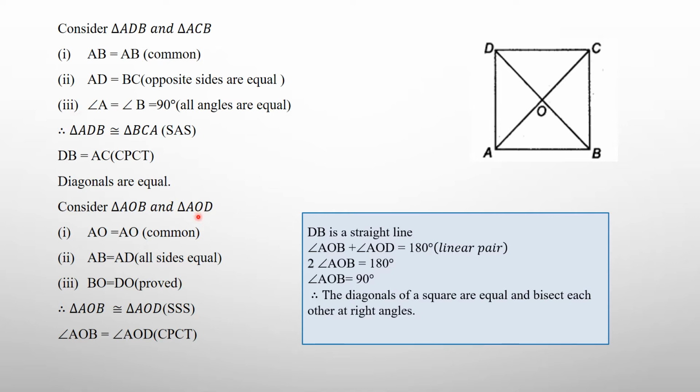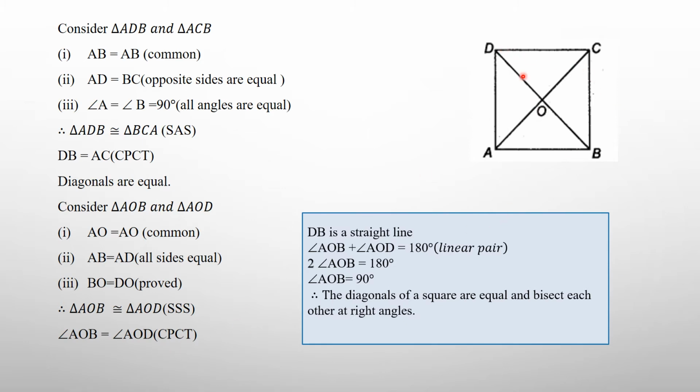Now to prove the diagonals are perpendicular to each other, we are going to take the triangles AOB and triangle AOD. We can see AO is equal to AO common, AB is equal to AD since all the sides of a square are equal, and we just proved BO is equal to DO. Therefore we can write triangle AOB is congruent to triangle AOD using SSS congruency. Now we can write angle AOB is equal to angle AOD using CPCT.